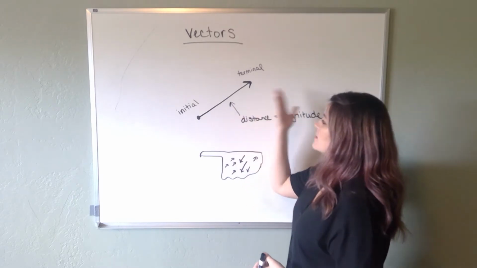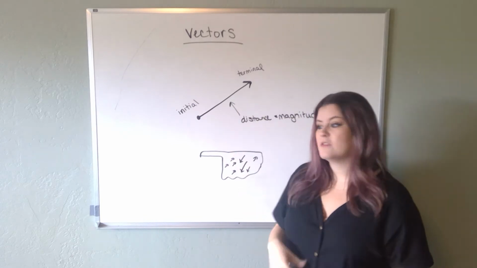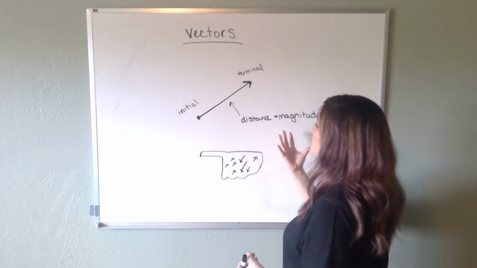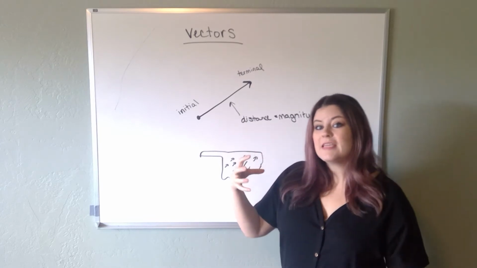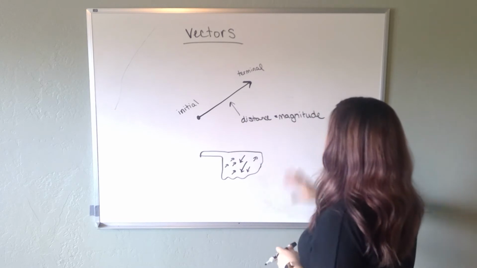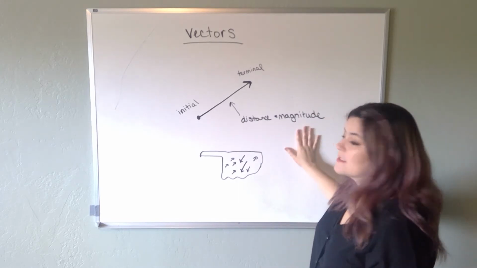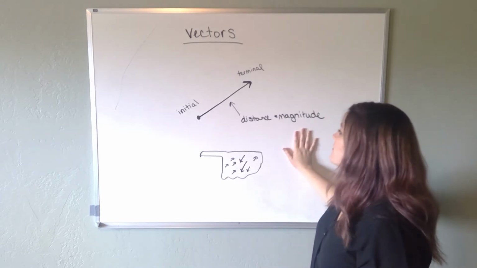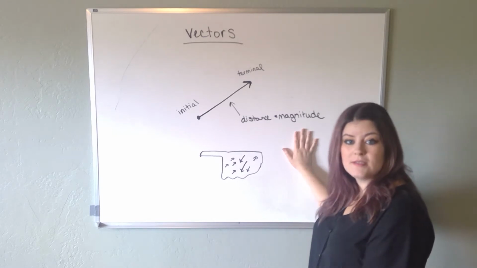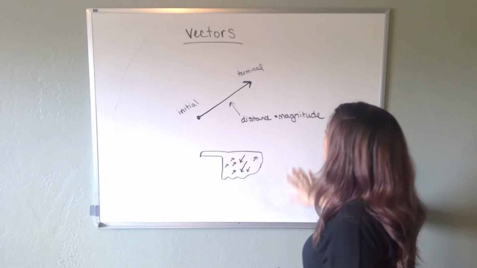You can explain a lot of different forces using vectors. You could have a heat field vector, and the magnitude could be the amount of heat and the direction it's going. So a lot of different examples can be explained with vectors, but basically anything that has both a direction and a force attached to it.